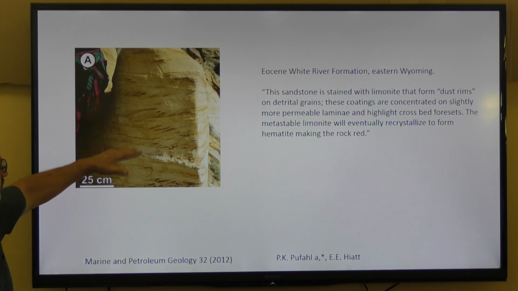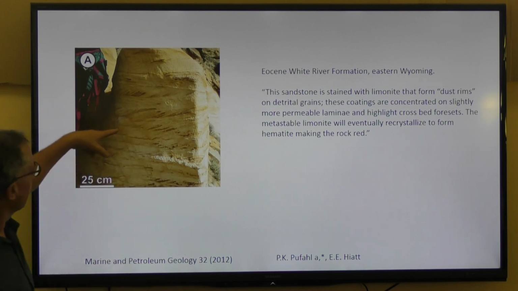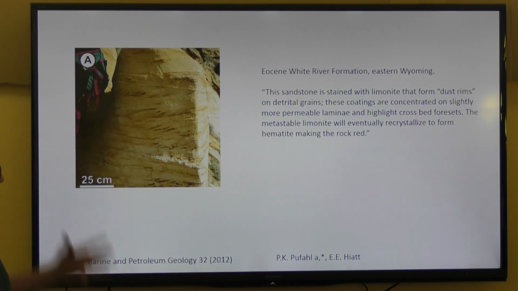And it's not a red bed, but he thinks it will become one. He thinks that this limonite here was blown in by the wind. Dust rims is what he calls it. This is a quote from his paper. So he thinks eventually that will be a red bed. Not everyone would agree with that. Not everyone's going to wait for it either.